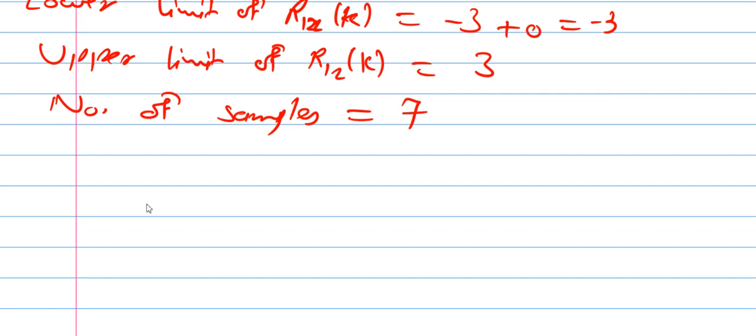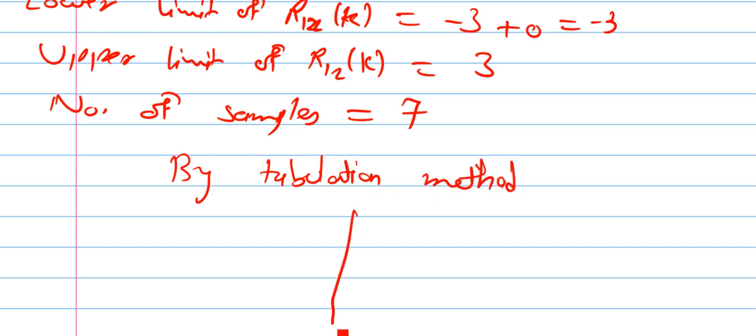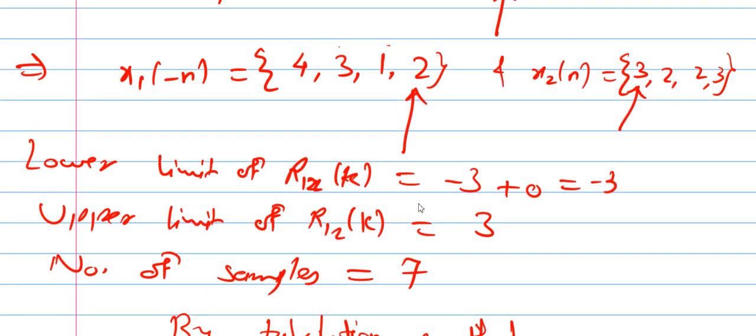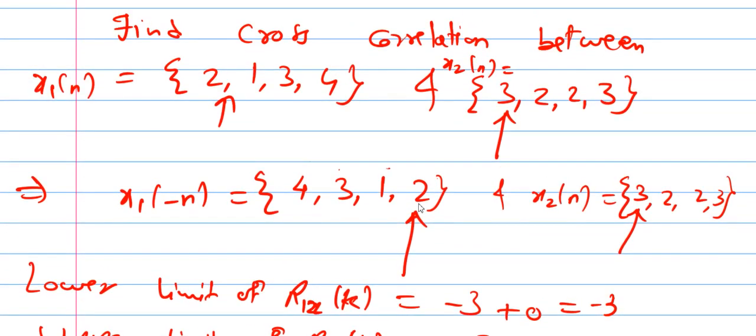Then use the tabulation method. Here you can change the order, no issue. Here you can write x1 minus n, here you can write x2n, or you can write the samples of x2n vertically and x1 minus n horizontally, no problem. But folding must be done for x1 minus n.